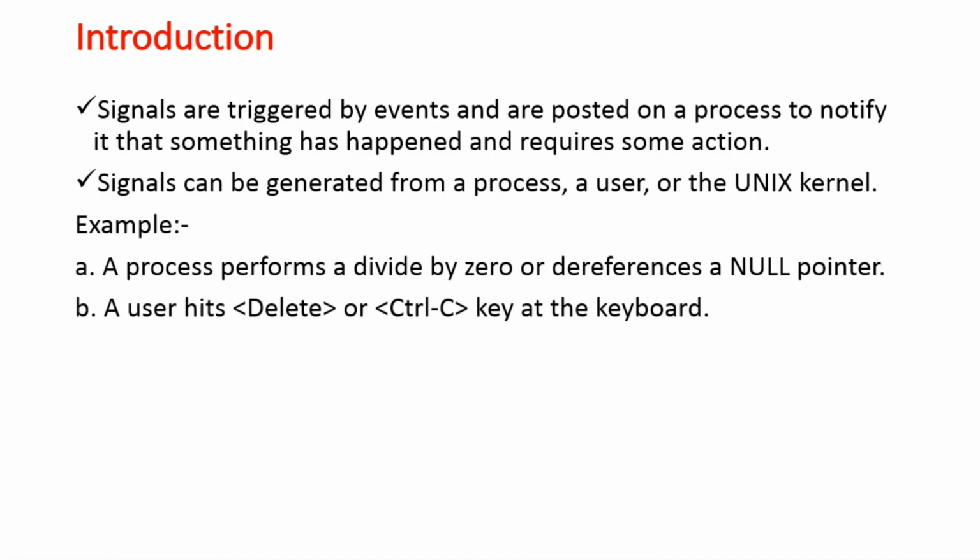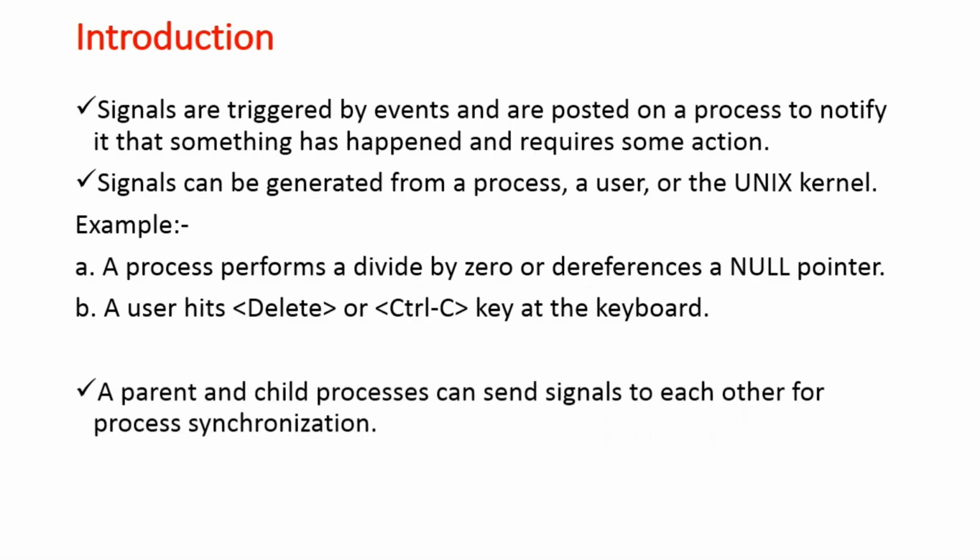Second, a user hits the delete or control C key at the keyboard. Then a signal will be generated and sent to the process to terminate the particular running process.